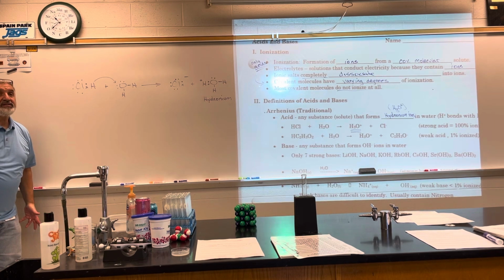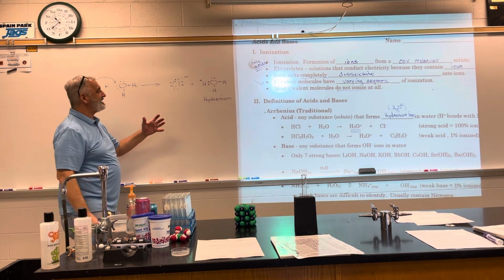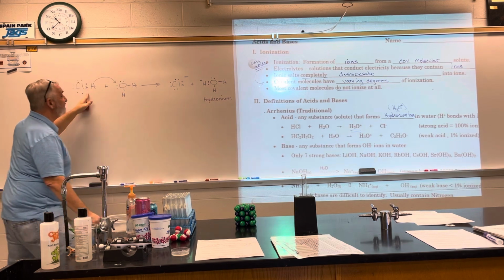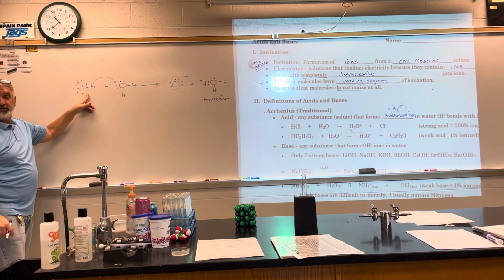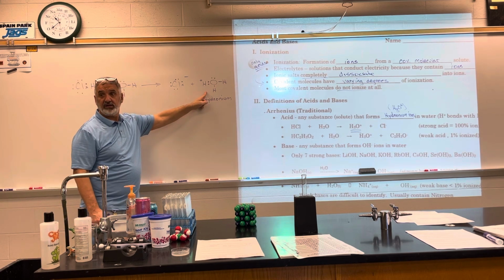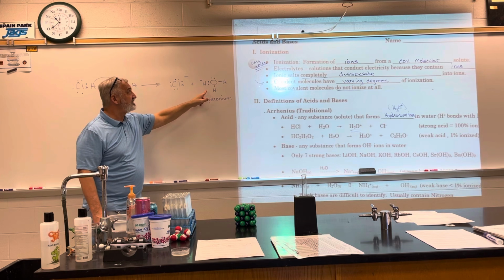Now in the Arrhenius definition, what makes an acid is the presence of this ion. It's not how much of this you put into the water that makes an acid an acid. It's how much of this does it make. This is what makes an acid, the presence of this ion in solution.